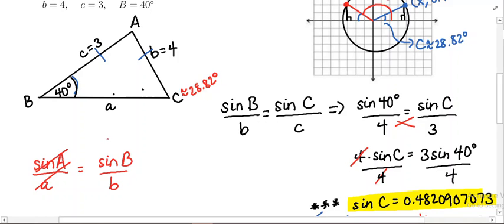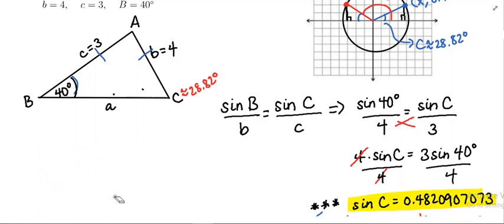What you need to realize is that you now know two of the three angles, so all you need to do is subtract both angles from 180, and that's going to give you angle A.